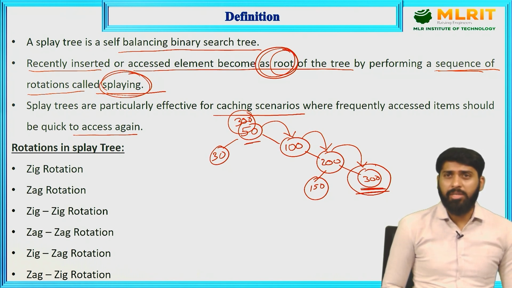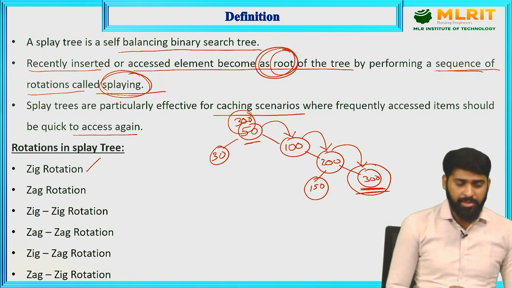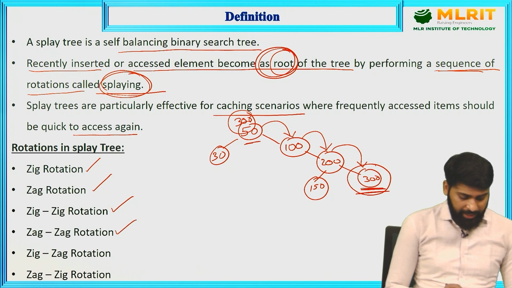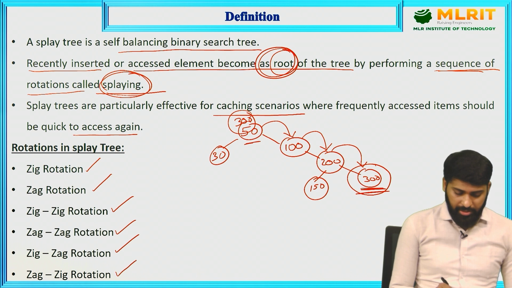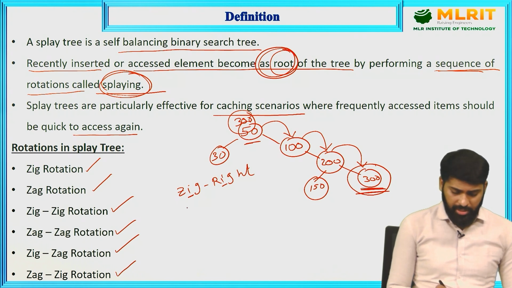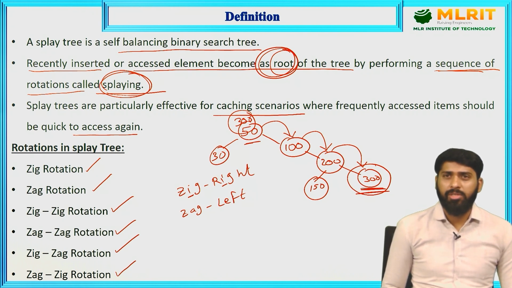We have 6 types of rotations in splay tree: zig rotation, zag rotation, zig-zig rotation, zag-zag rotation, zig-zag rotation, and zag-zig rotation. Zig rotation means right rotation, zag means left rotation. So let us discuss all these rotations one by one.